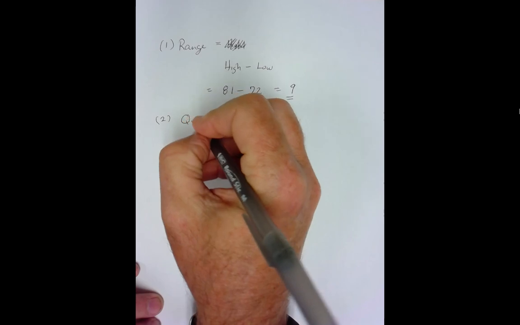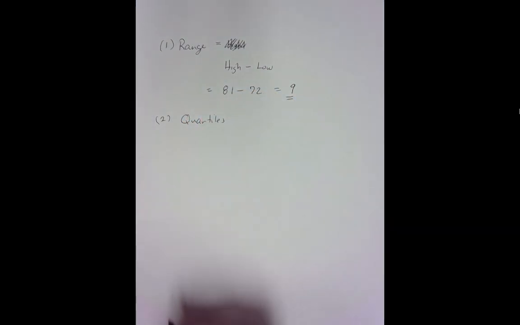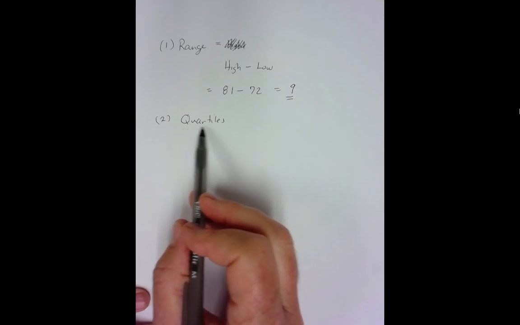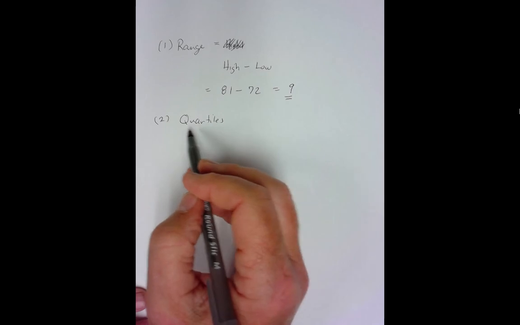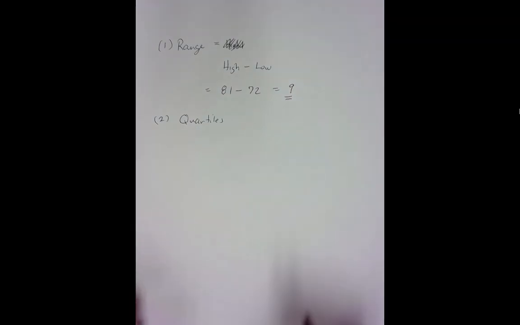The second one I want to point out are the quartiles. Now, let's step back just a second and think about quartiles. What does the prefix of quartiles indicate to you? When I think of quartiles, I think of four. So a good way to think about, for example, a quarter is a fourth of a dollar.